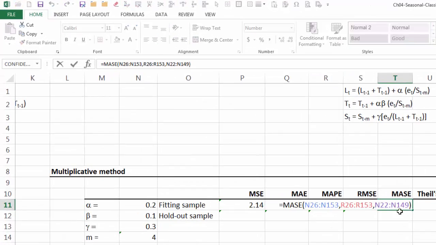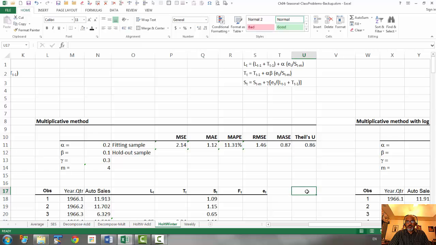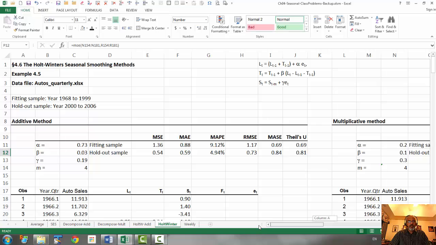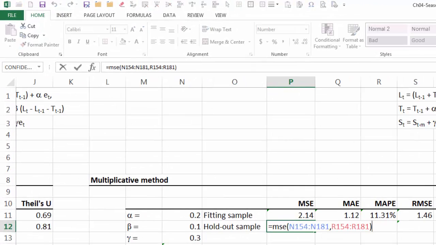So that's the range for MASE, and a similar range for Theil's U. Okay, for holdout sample it will be what, 2000 to 2006. Again the formula.